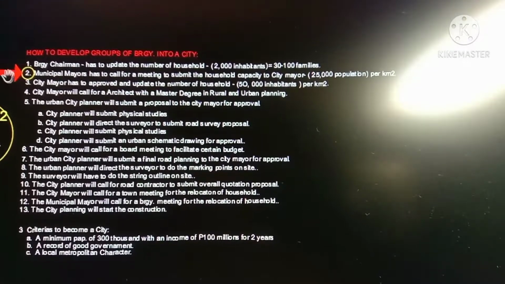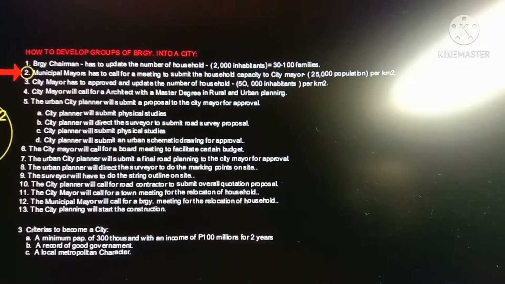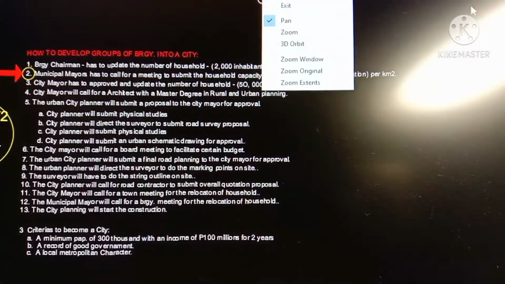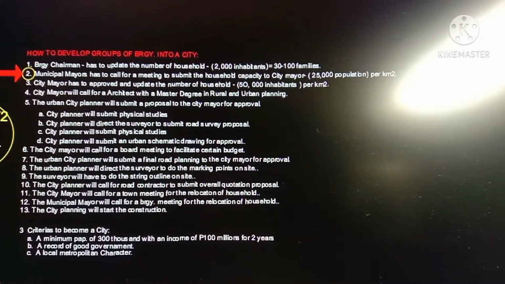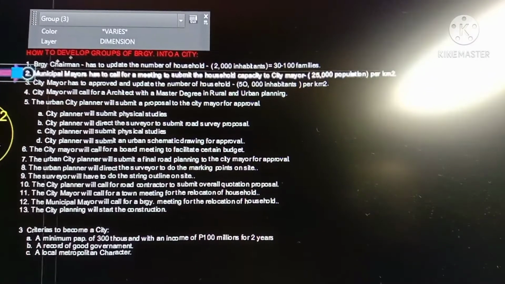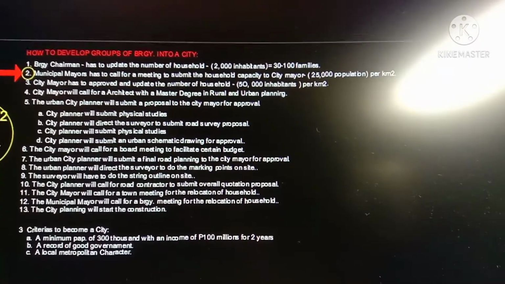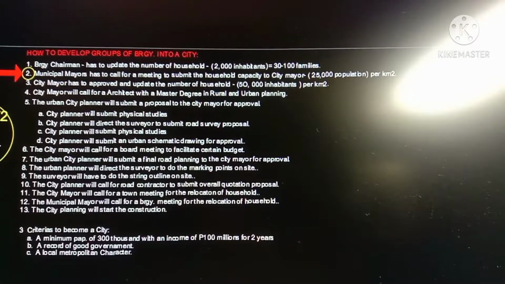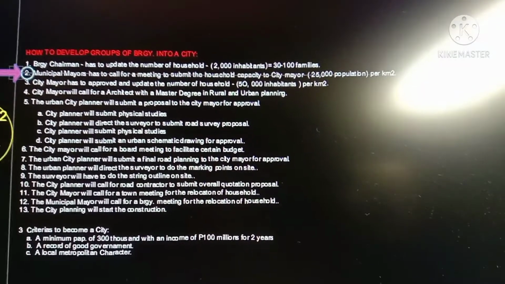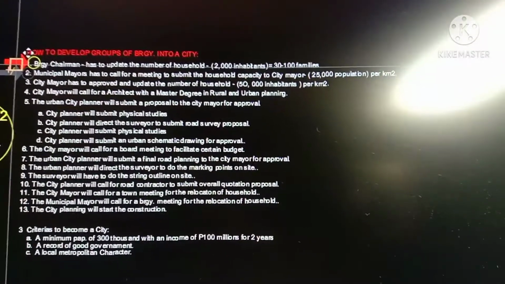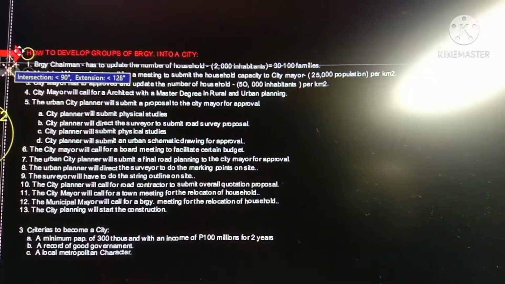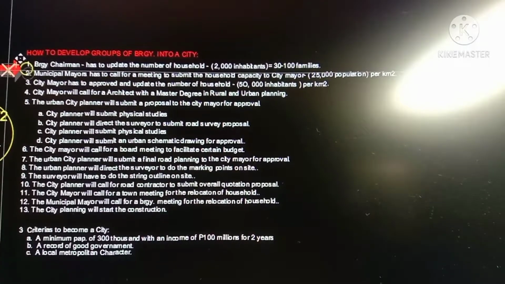Okay, as I said, how to develop groups of barangays into a city. As a city, there are requirements: barangays, towns, a group of towns in order to become a city.